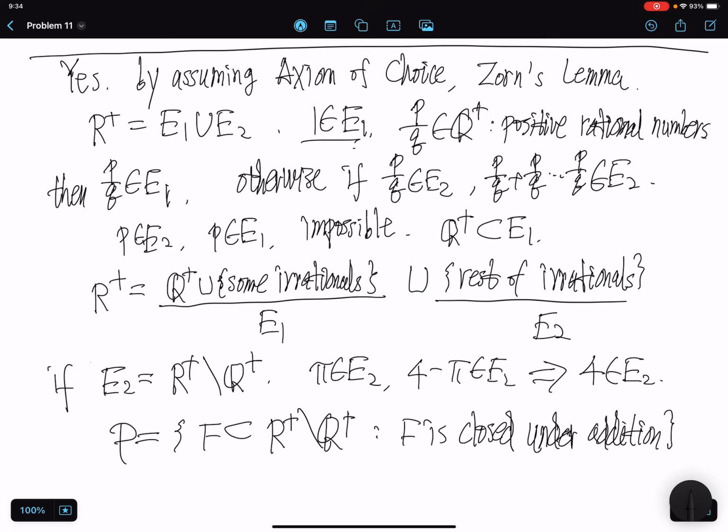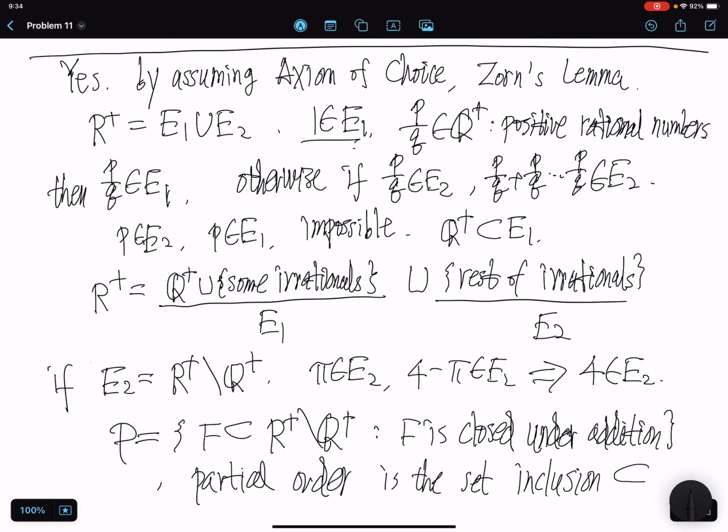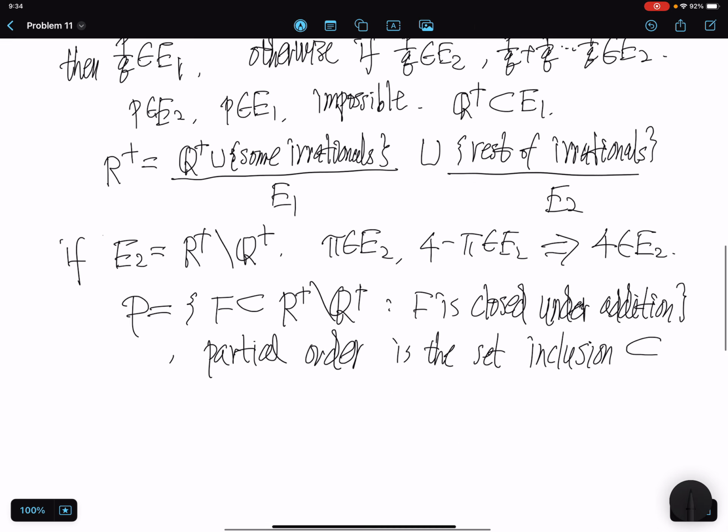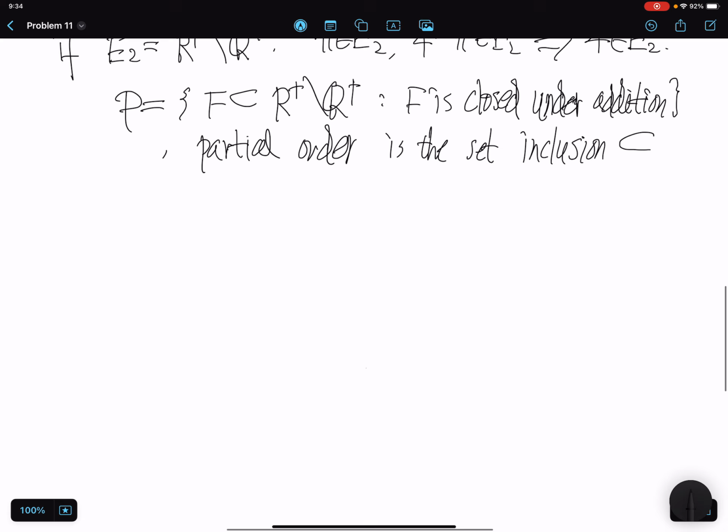And then the partial order, because P is a collection of sets, is set inclusion. So one set is a subset of another set, the inclusion, right?